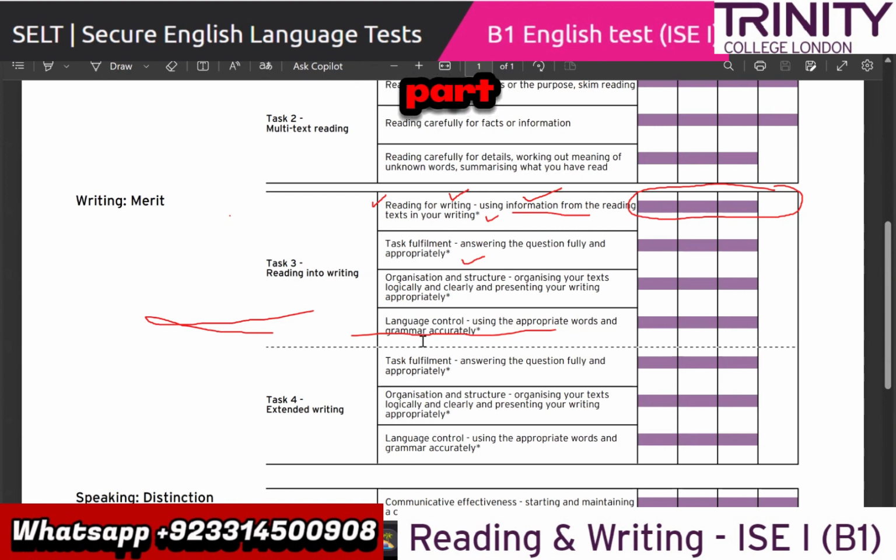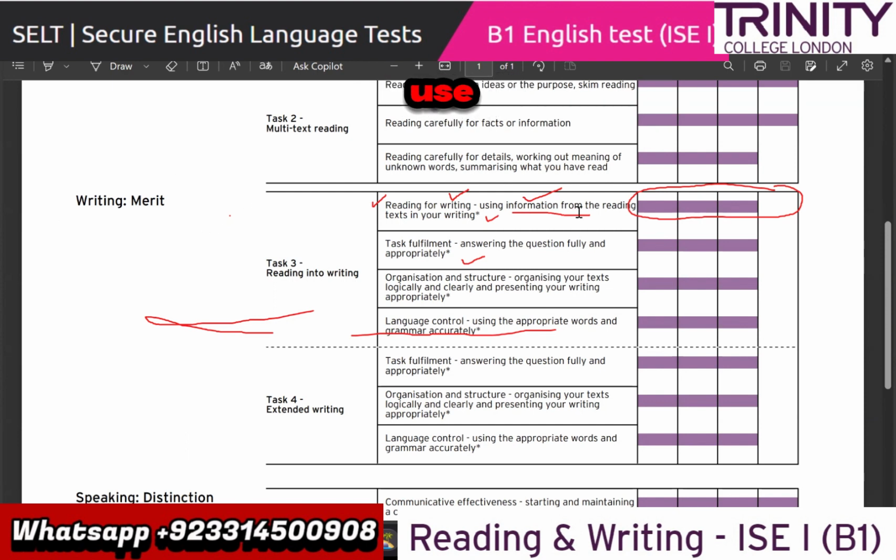Then the last part is language control. Now, what is the meaning of language control here? Language control means grammar, but some people do not know grammar, right? Some people are not good at spelling or grammar. So we try to use punctuation, such as semicolons and commas, to say what I want in fewer words, to show language control and write correct English at the same time.